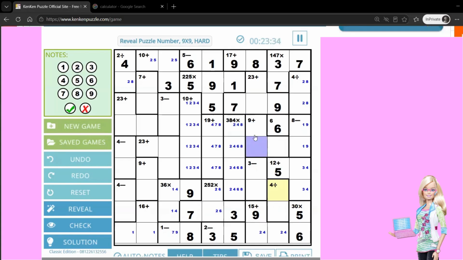Okay, but there's still a lot of combinations that can form 9. 5 can't have a 2, 2 because a 2 is used somewhere here, so it can't have 2 of them. It could be a 5, 3, 1. I don't know for sure if the 5 would go there. It could be a 5, 3, and that would make that a 1.